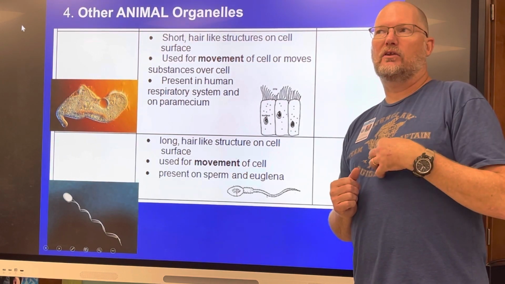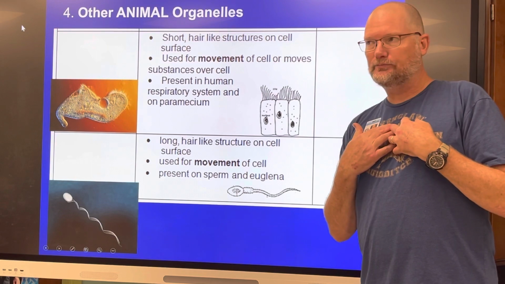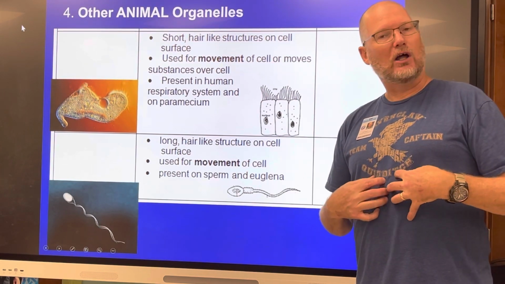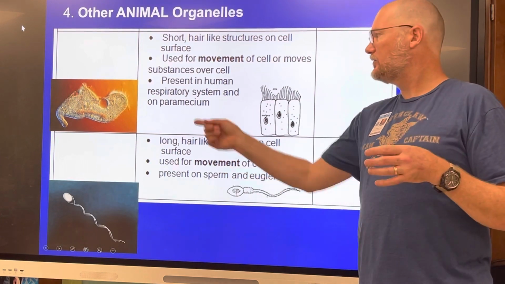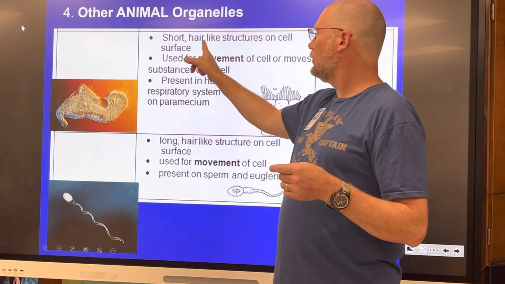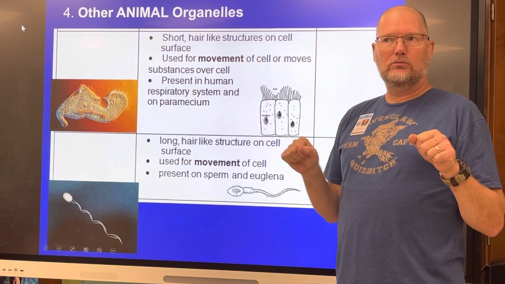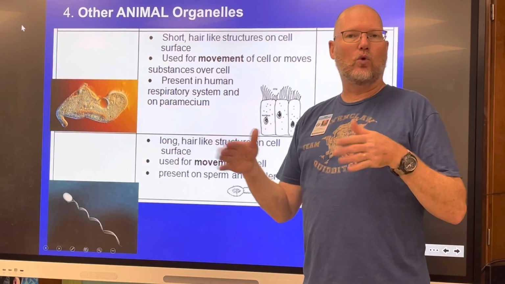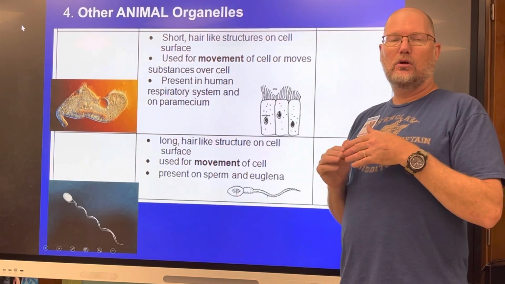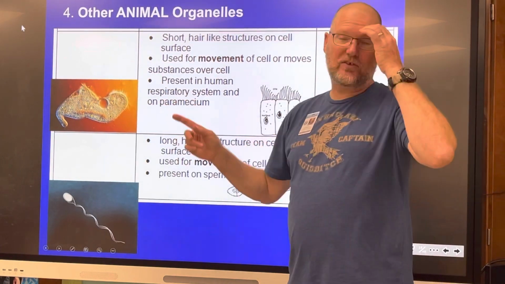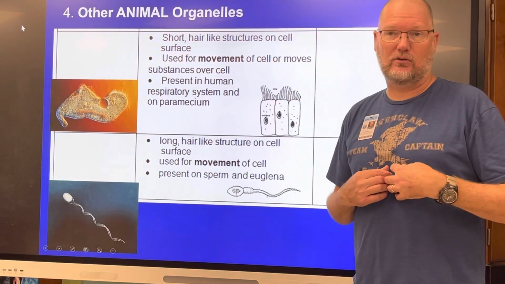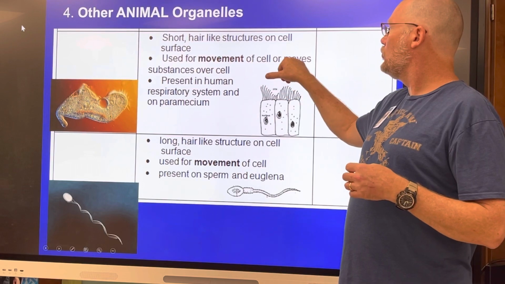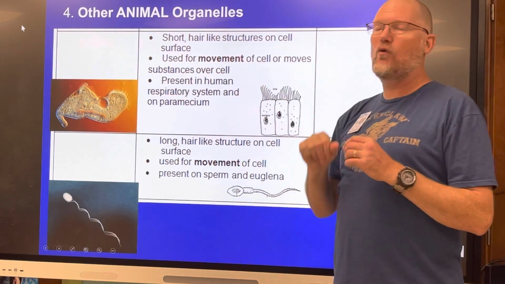So the cells that line your bronchial tubes and the inside of your lungs, they have cilia. Little, short, hair-like structures that flap and act like little oars to, in this case, move the cell around. But in our case, they're not used for movement. In our case, they're used to move substances over a cell.